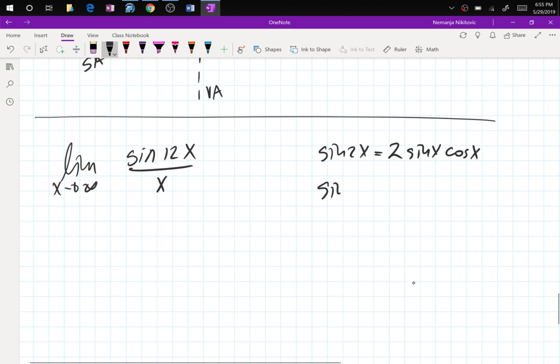If you have sine 4x, there will be 2 sine 2x cosine 2x, and then you have another sine of 2x, which would make it into a 4 sine x cosine 2x.